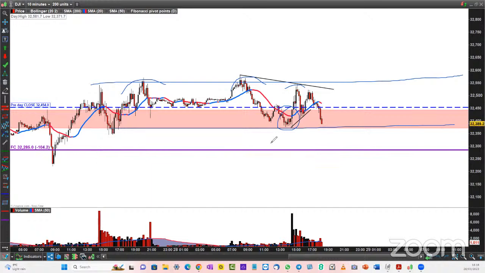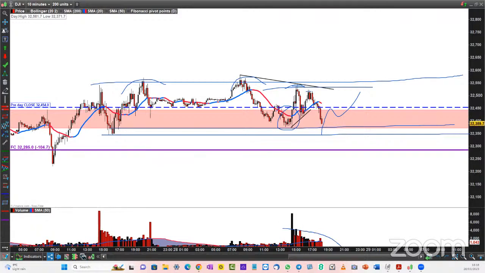So if we drop down here at 33,350 and hold, we might end up going back to the highs again. In the meantime, you can see we've got lower highs, the volume's really tailing off, and we look lower.